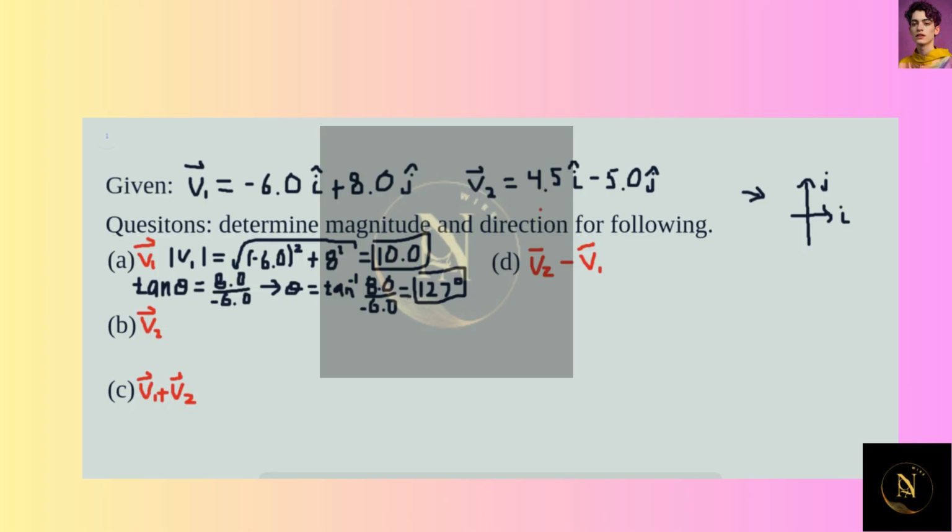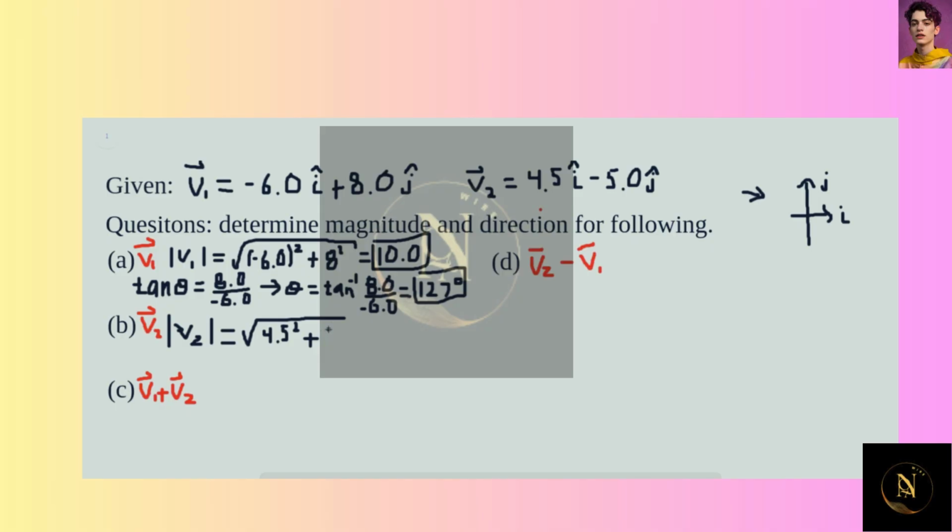Now for B, we want to do this for v2. First, let's do the magnitude. That's going to be equal to the square root of the square of the two sides that make up v2, which is 4.5, or I'm sorry, not 4.5 degrees, just 4.5 squared, plus minus 5.0 squared.